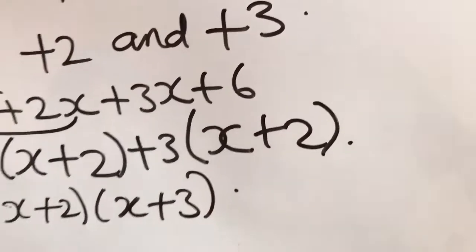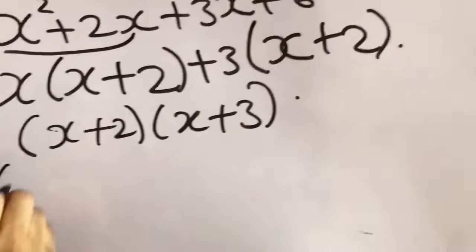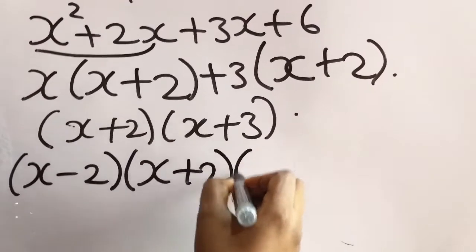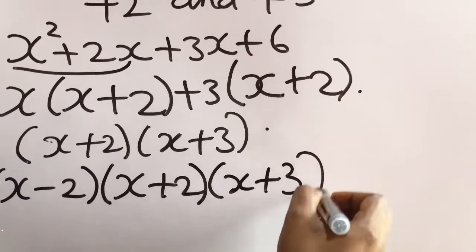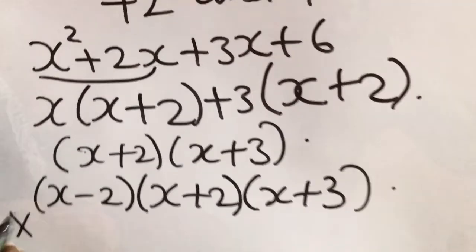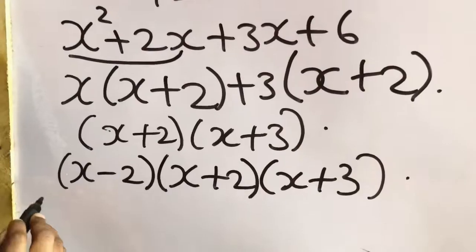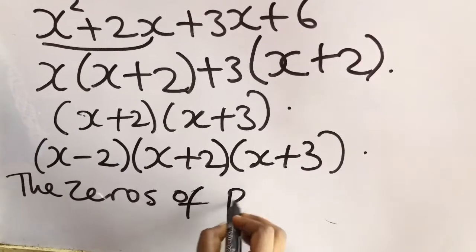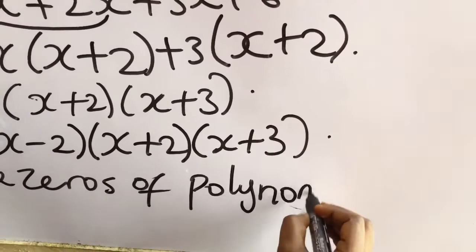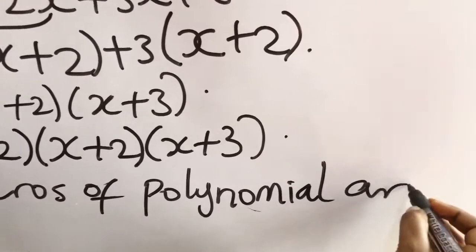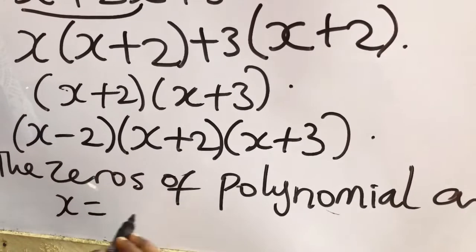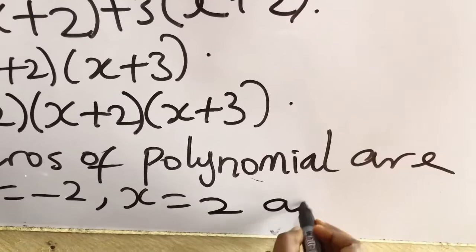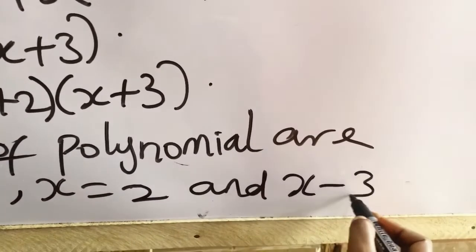So the factors of the polynomial y will now be equal to x minus 2 multiplied by x plus 2 multiplied by x plus 3. So the zeros of this polynomial y are x is equal to minus 2, x is equal to 2, and x is equal to minus 3.